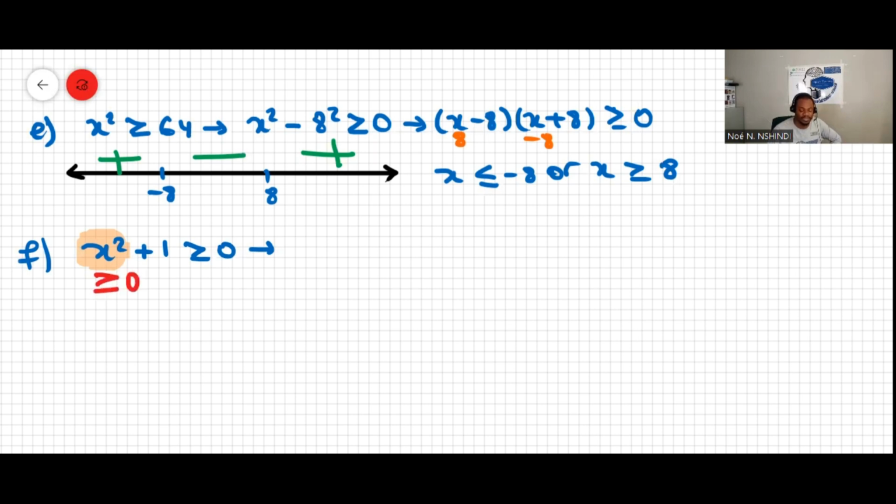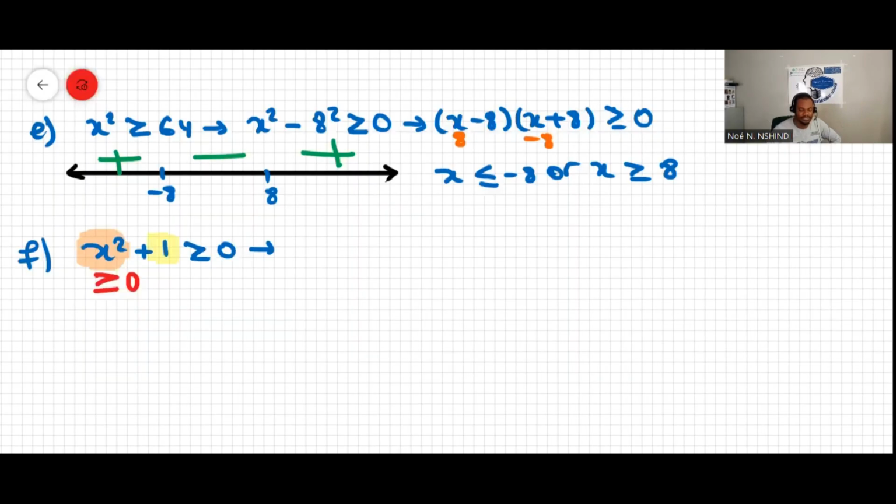And then this one here is strictly greater than 0. Now, the sum will make a solution that is greater than 0. So therefore, x squared plus 1 works for x being a real number. So we say x is all real numbers, or we can say from negative infinity to infinity.